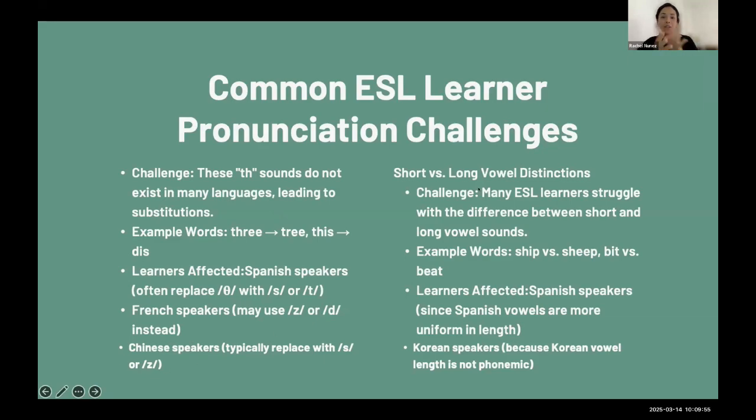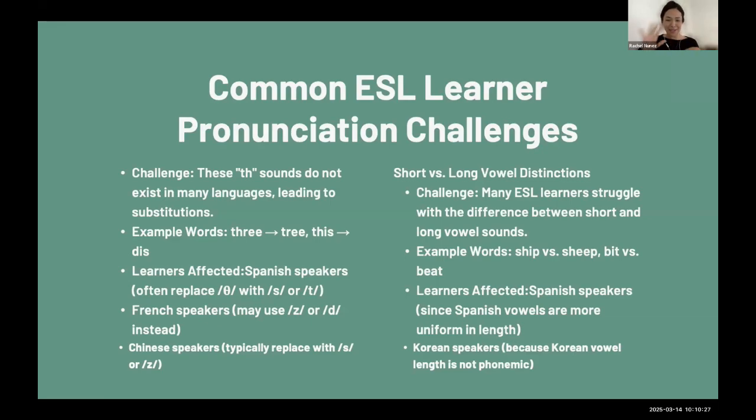Another common challenge that I see is the differentiation between short and long vowels. A short vowel would be the short I sound, which is the I in "ship," and a long vowel would be the long E sound in "sheep." We have to be careful with these sounds because there can be a lot of misinterpretations with the ship and sheep sounds.